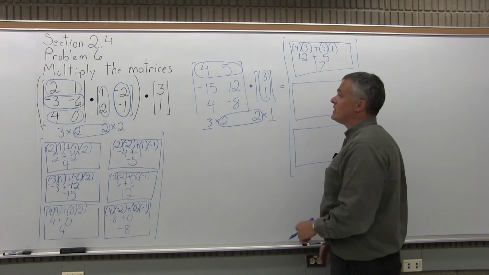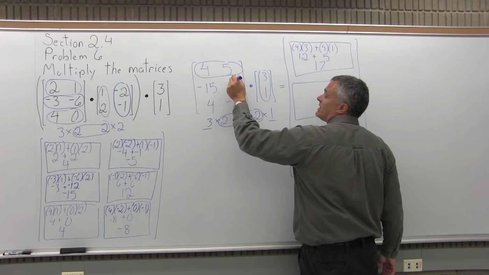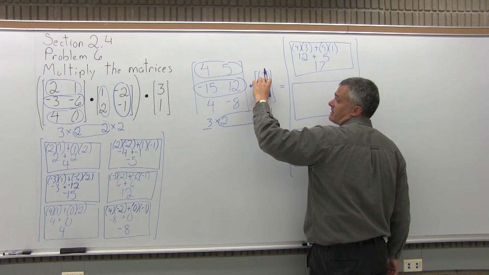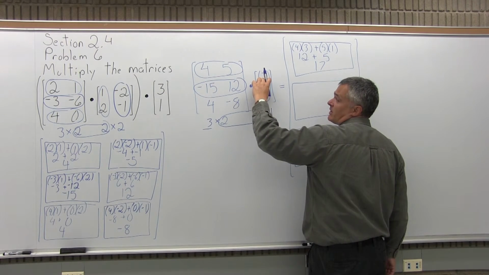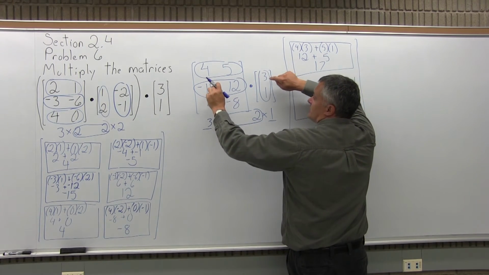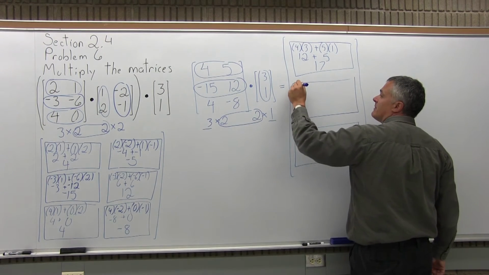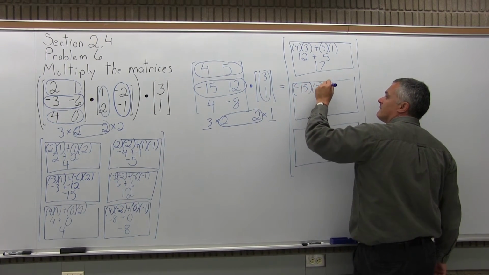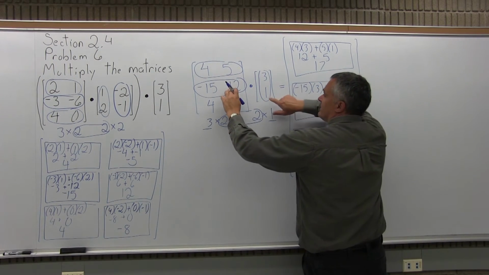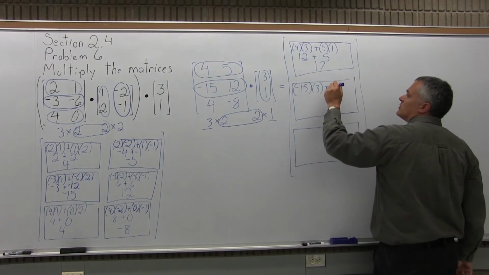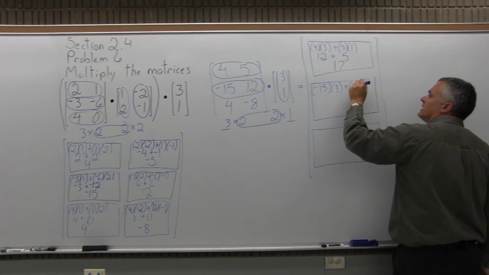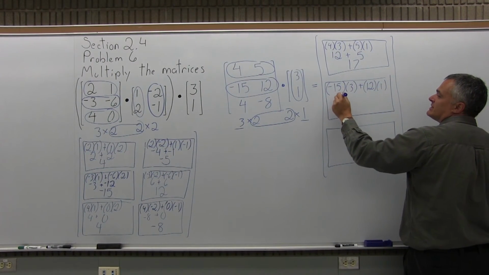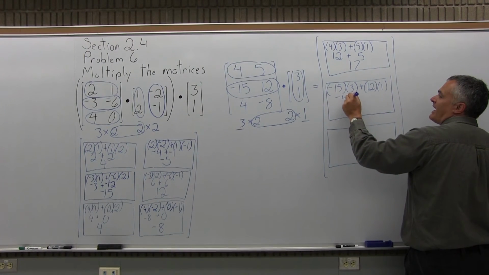So now the next one down, I'm going to multiply the middle row of my first matrix, negative 15, positive 12, times the only column of the second matrix, 3, 1. So first times first will be negative 15 times 3. Plus second times second will be 12 times 1. And when you multiply those values out, the first times the first, negative 15 times 3 is negative 45.